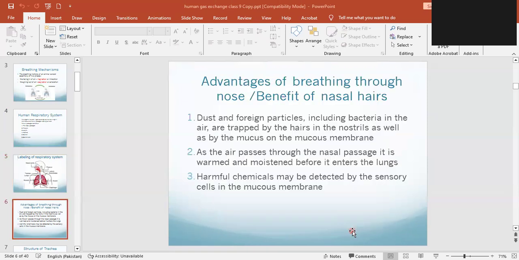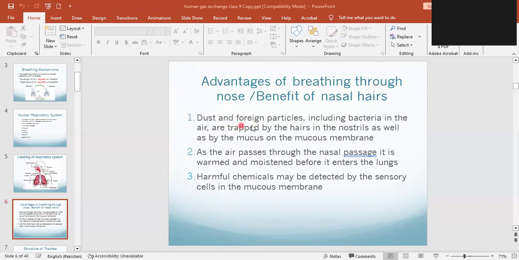Now, what are the advantages of breathing through the nose? Benefits of nasal hair. You have nasal hair in your nose, and what are the advantages of it? If you breathe in through the nose and breathe out through the mouth, how is it beneficial to us? Number one, you have nasal hair, and you also have mucus in your nasal lining.